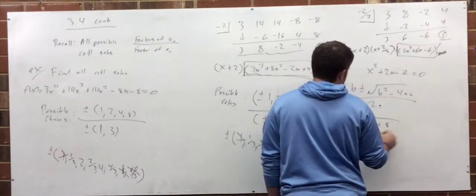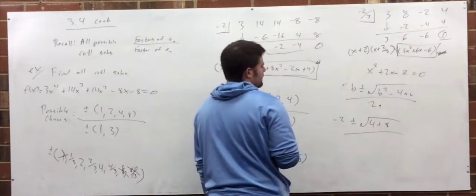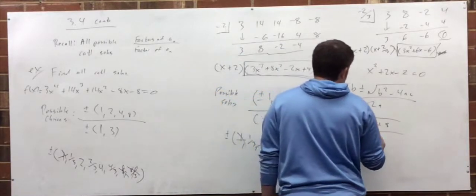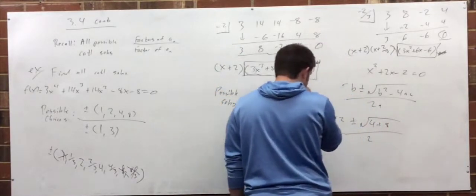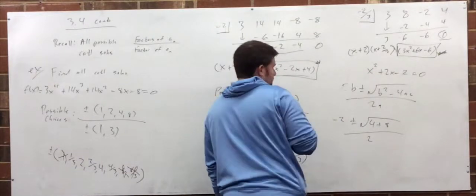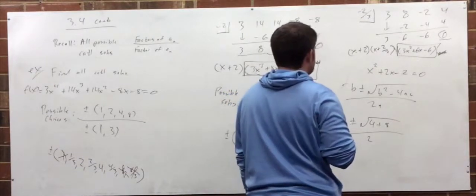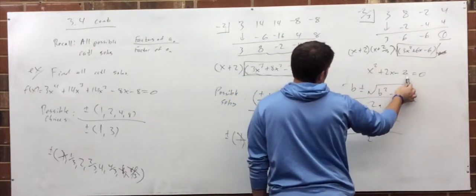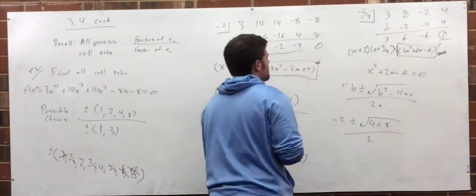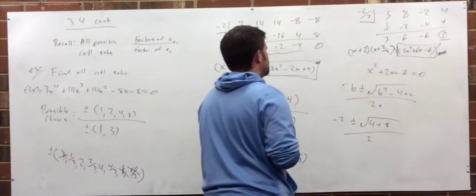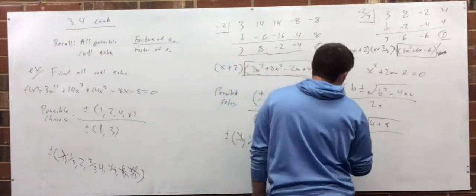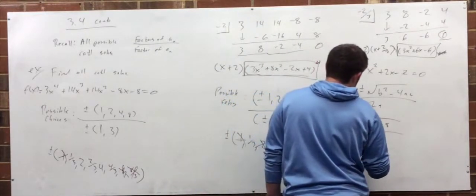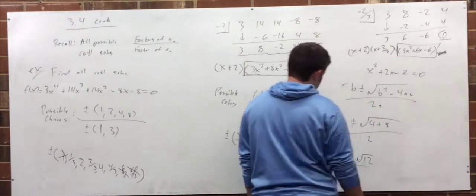So we're going to go plus 8 here. Is that right? And then 2a just gives you 2. Am I right on that? 4 times 1 is 4 times a negative 2. Negative 4 times negative 2 is positive. Good. So, negative 2 plus or minus the square root of 12 over 2.